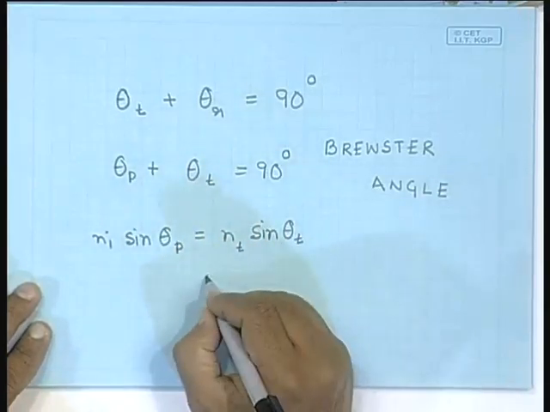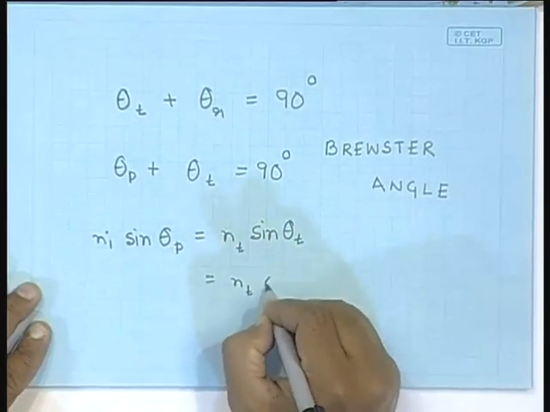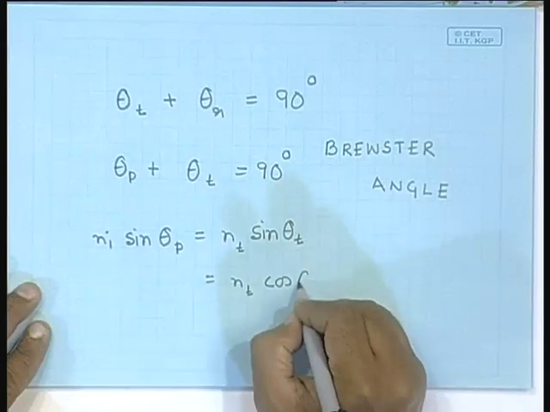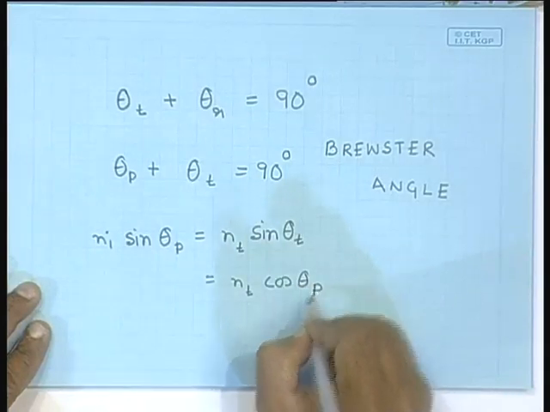So, we can write this as n t cos theta p.